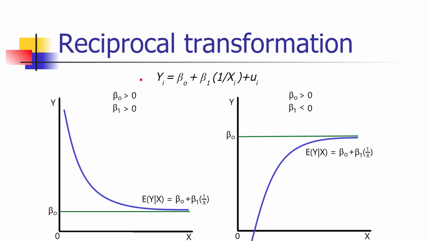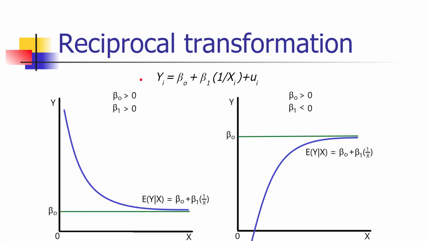In the diagram on the right, we're assuming that beta 1 is negative. And when beta 1 is negative, we're now subtracting a term which is arbitrarily large as x approaches 0. And it will converge to 0 as x approaches positive infinity.